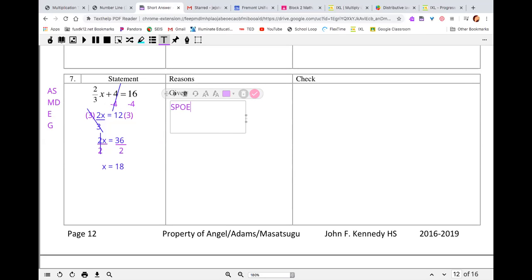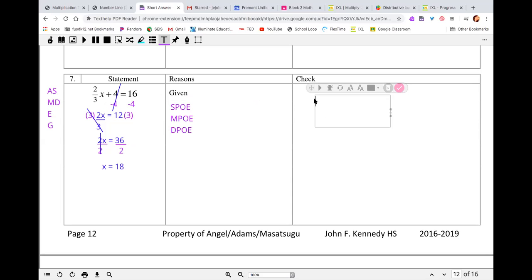So first we subtracted, so that's why I wrote that one first. And then we did multiply. I know because it says times right here, which I heard MPOE. And then what do I write for divide? DPOE. Nice. So we have all of our reasons. We want to make sure that we write each and every one.